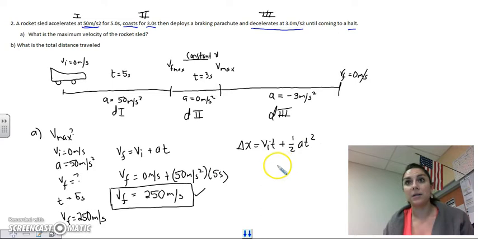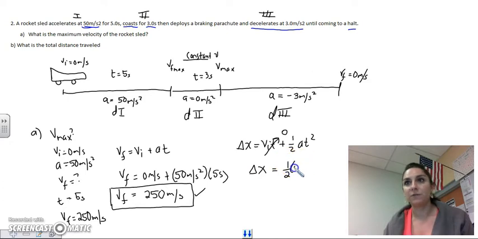Again, you can use any kinematic equation, but I like this because first of all, the initial velocity is 0, so this whole term goes away. Second of all, it's already solved for displacement, or more or less the distance. So delta x, I'm using different symbols, is the same as distance, and is going to equal 1/2 the acceleration times time squared, which we have both of.